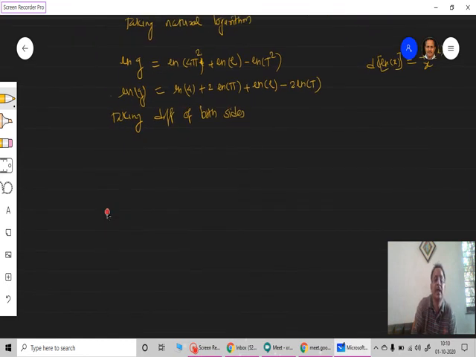Therefore I'll get dg, change in g divided by g, is equal to, differential of ln 4 is simply 0. There is no differential, it is a constant. That's why I won't get anything here.